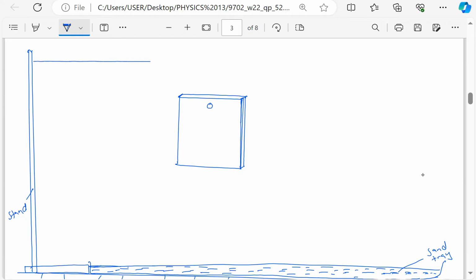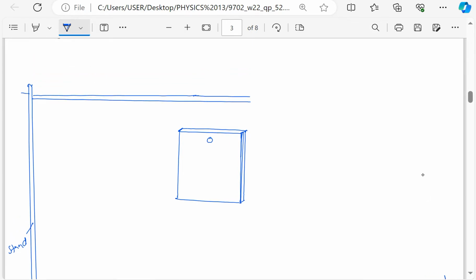So let me first draw the clamp. So this is a clamp, and I'm going to assume it is holding a rod. Not a wooden rod, I want to use a metallic one.